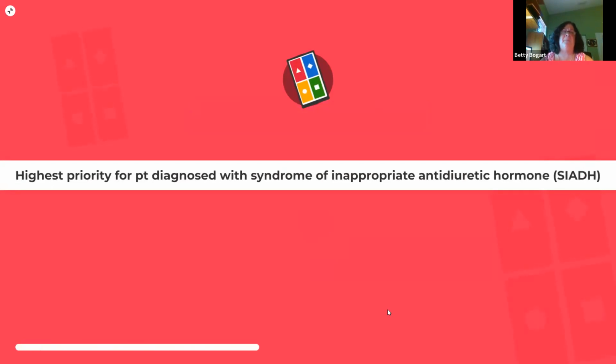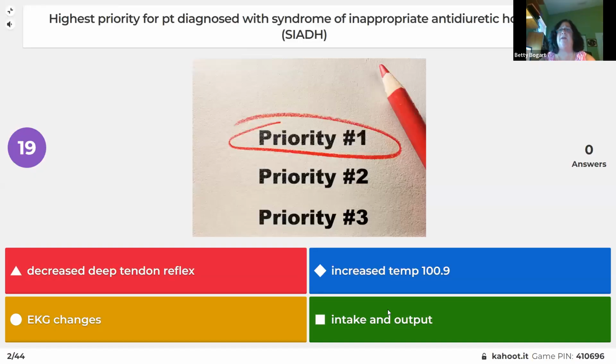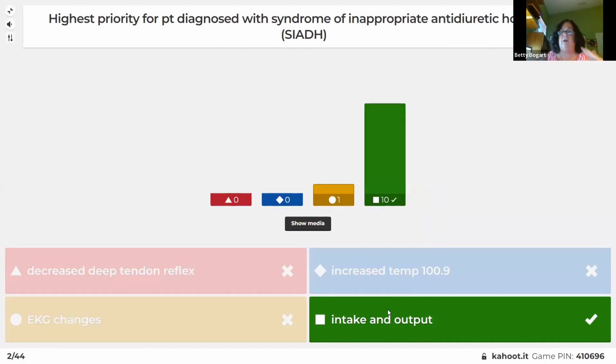Highest priority for a patient diagnosed with syndrome of inappropriate antidiuretic hormone. So inappropriate means something's going wrong, of anti-urinating. So this means this child is not putting out urine due to a hormone secreted by the pituitary gland. It's SIADH, inappropriate, too much of the stop-the-urine hormone, basically and very simply.